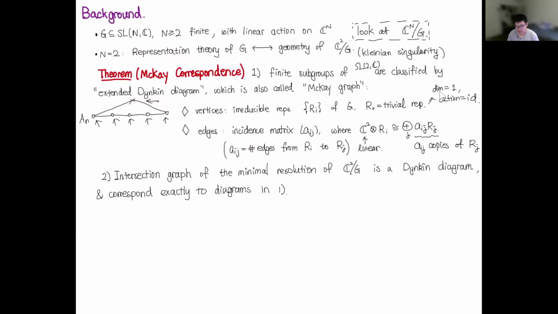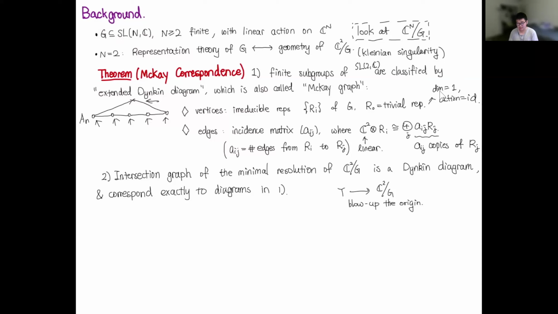This is the representation theory side, and on the geometry side, you can take a minimal resolution of C^2 quotient by G, which is not true in higher dimensions, but in 2 dimensions there always exists a unique minimal resolution. Call it Y. The only singular locus of C^2/G is the origin, so you just blow up the origin, but if you do this just once, you still get some singularities.